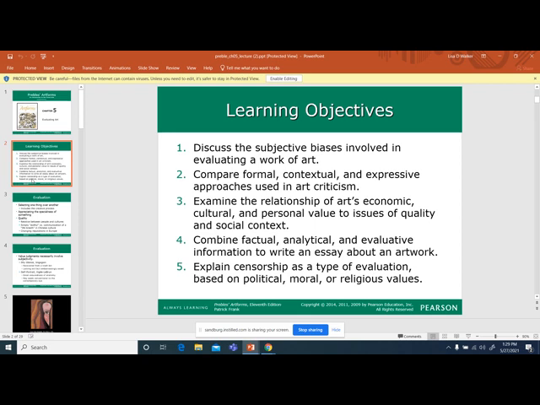We're going to talk about formalism. That's what we just talked about, right? Elements and principles. We're going to talk about context. Some pieces of art work because of the context they are in. If today one of you decided to make some art and you made art about the Civil War, American Civil War, the context now, would or would that not work?